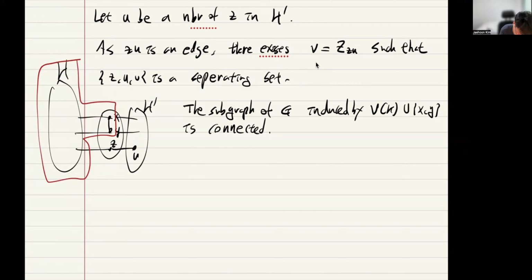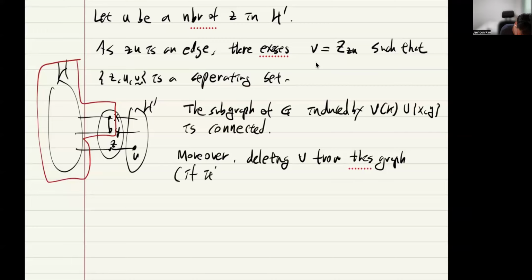Moreover, we don't know where this B is. B might be in here or might not. Even if it's there, if we delete this vertex B from this graph, let's say if it's here.